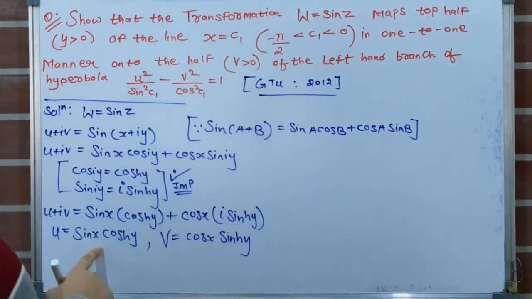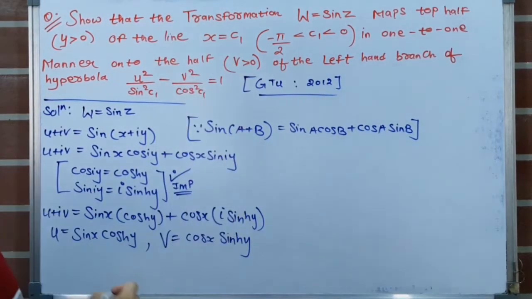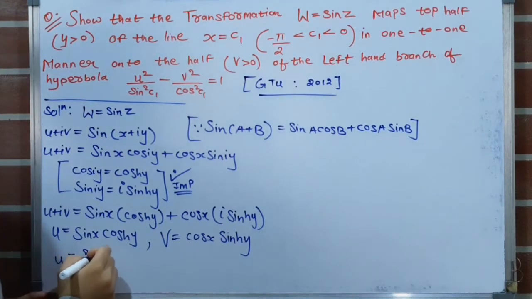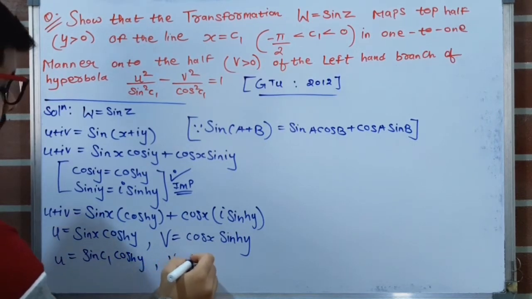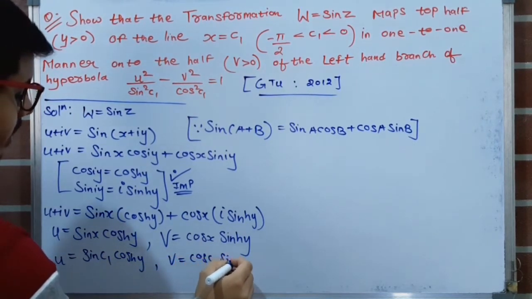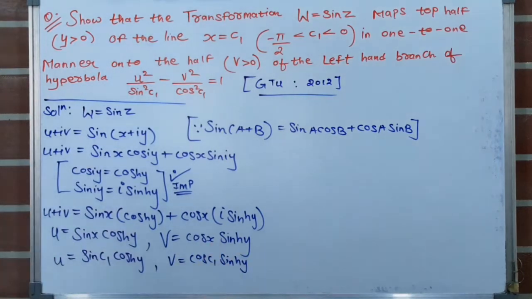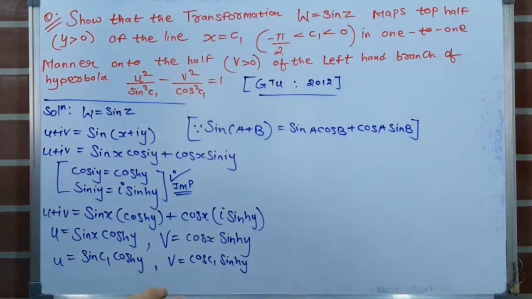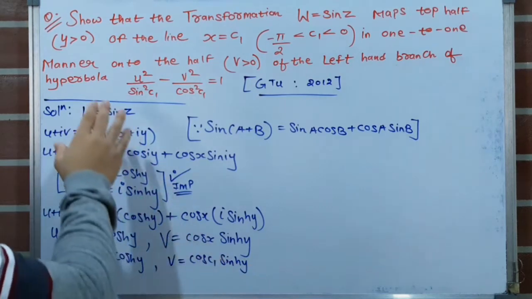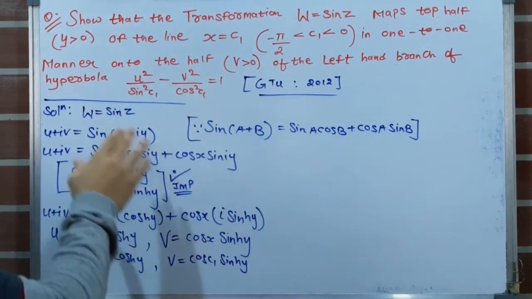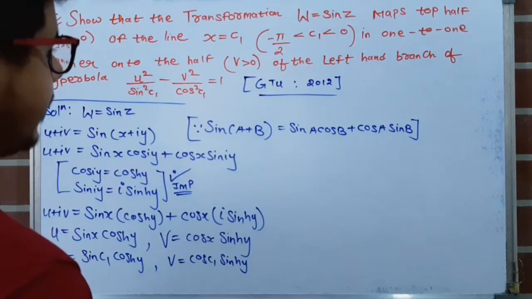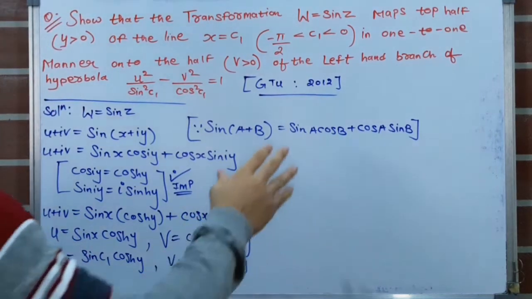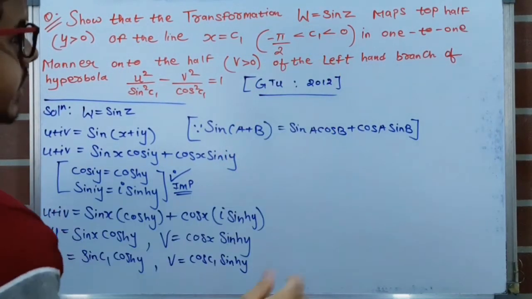But in the question it is given that x equals c1, so we put u equals sin of c1 into cos hyperbolic y and v equals cos of c1 into sin hyperbolic y. Now one thing I forgot to say: where the question does not mention which type of equation we will get in the final answer, we have to remember the two cases of the W equals sin Z mapping.